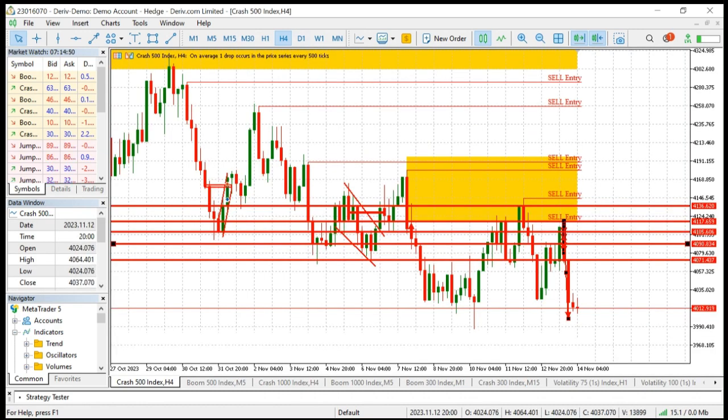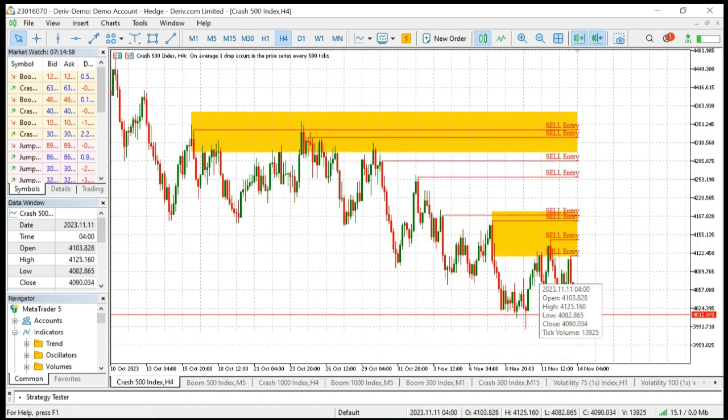As you can see, I'm going to try and look at the charts clearly. Let me try and have a clean chart. Okay, this is the 4 hour time frame, as you can see on Crash 500, and this is what we have been looking at all this while.